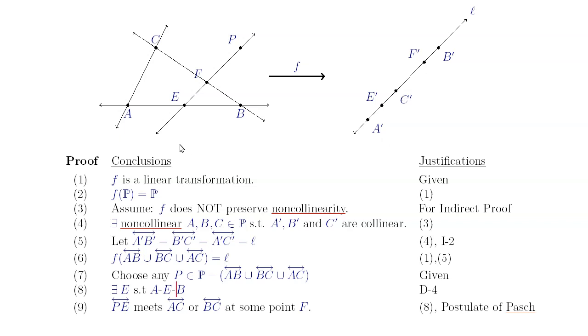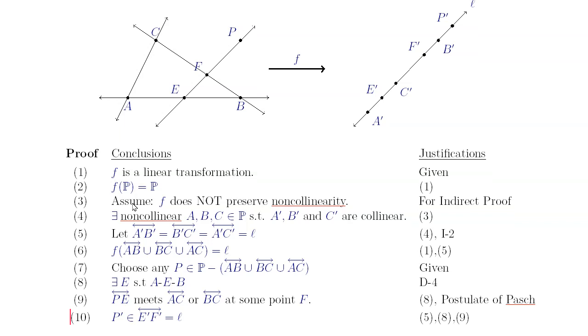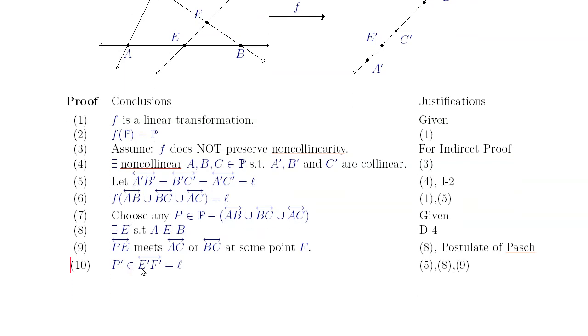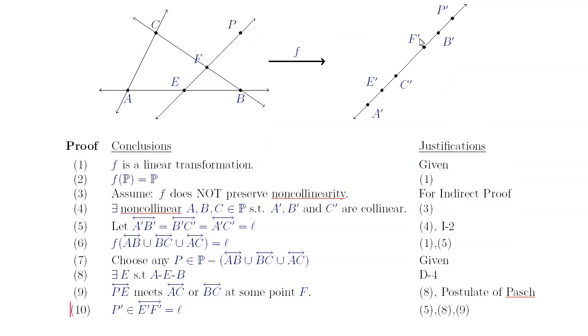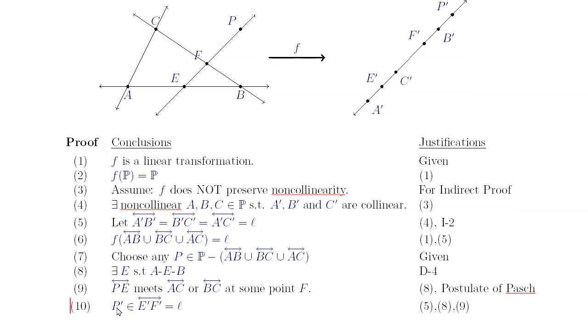Since f is a linear transformation, P, F, E are on the same line, so they're going to be mapped onto the same line, which means we can conclude that P prime is going to be on the line L. That's the conclusion here. P prime is on the line E prime F prime, but E prime F prime is the same line L. So P prime is on the line L.